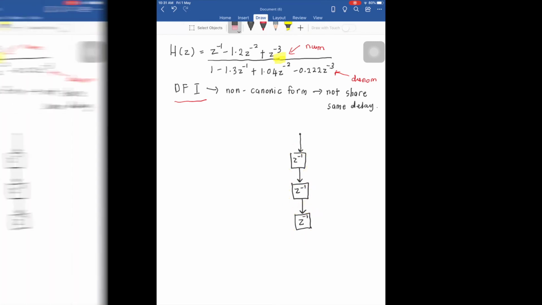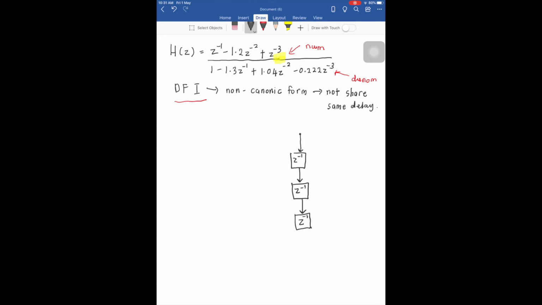Let's continue. If you look at the numerator part, we don't have a constant at the start. Our first constant starts after the first delay. After the first delay, we have our first constant, which is 1.